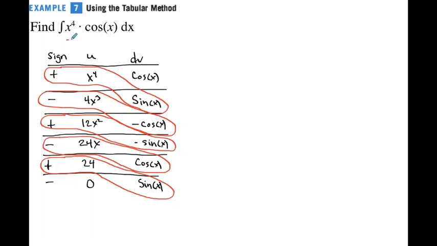Equals x to the fourth times sine of x. And then our next term is a negative 4x cubed times a negative cosine of x. Well, a negative times a negative is a positive. So we have plus 4x cubed cosine of x. And now we have a positive 12x squared times a negative sine of x. A positive times a negative gives us a negative.